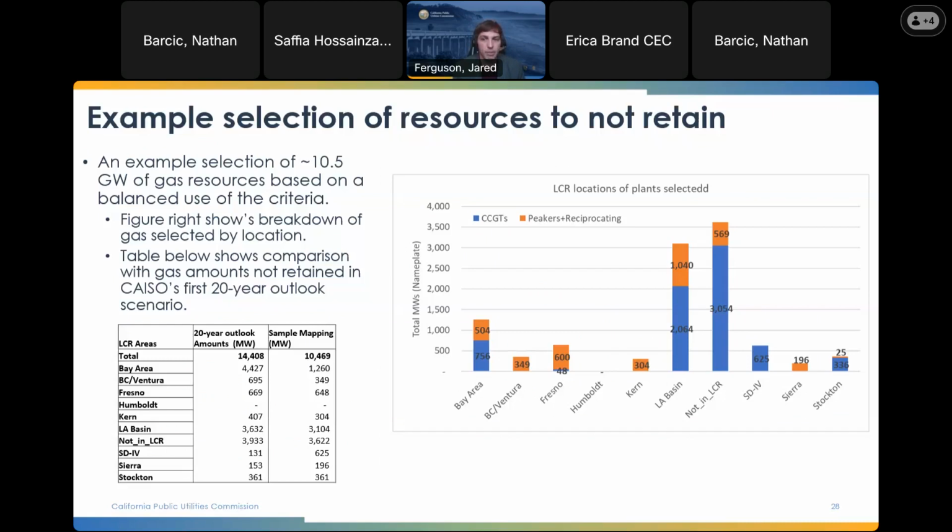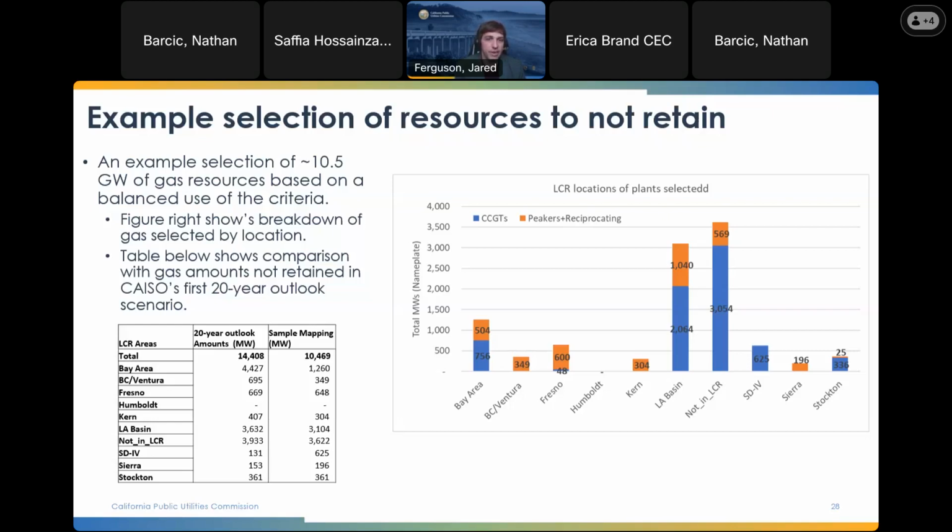And then the table on the bottom shows the comparison of that 10.5 gigawatts breakdown to the most recent ISO 20-year outlook, because in that they looked at modeling about 14.5 gigawatts as offline.